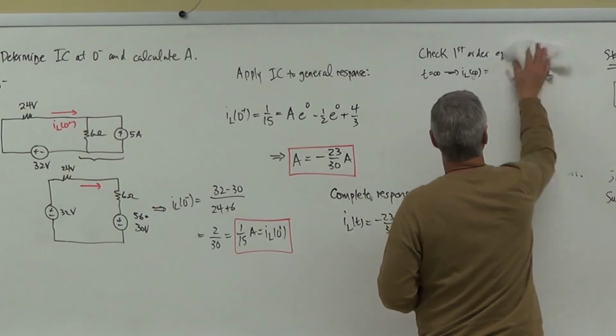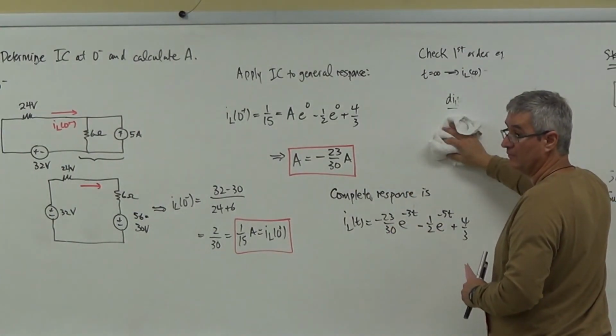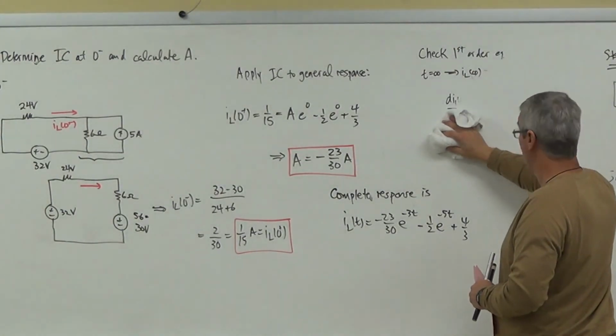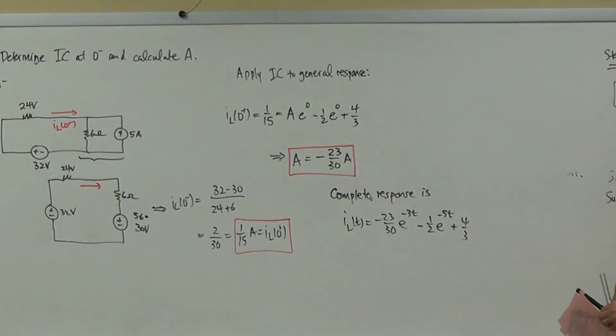Before you erase that, because you solved for IL of infinity as 4/3 anyways, don't you already know what V2 is then? Totally, but I'm just trying to be systematic. Right, I totally understand. If you're going to go to the trouble of solving for I infinity, can you just put that in?